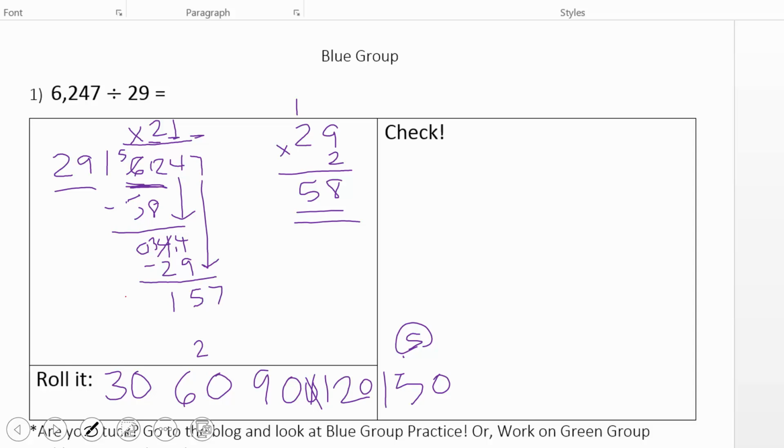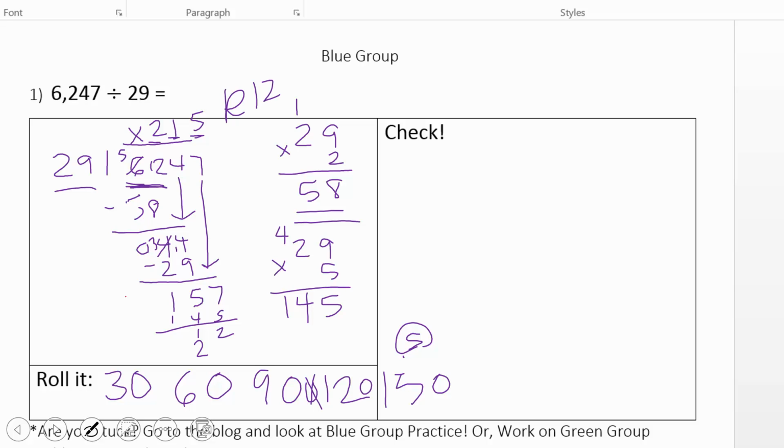Now I'm definitely going to check that. 29 times 5. 9 times 5 is 45. 145. Oh, it looks like it works. So I'm going to pop up a 5. 29 times 5 is 145. And when I subtract, it looks like I have a remainder of 12.